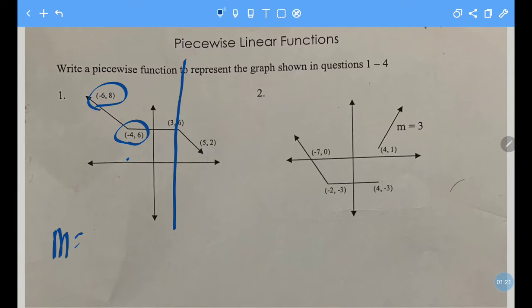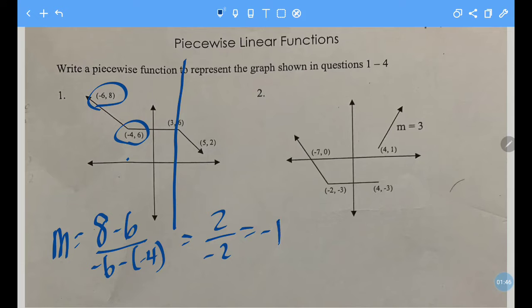The slope equals y2 minus y1 over x2 minus x1, so we have 8 minus 6 over -6 minus -4. 8 minus 6 is 2. -6 minus -4 is -6 plus 4, which gives me -2. And so my slope for this line is -1.